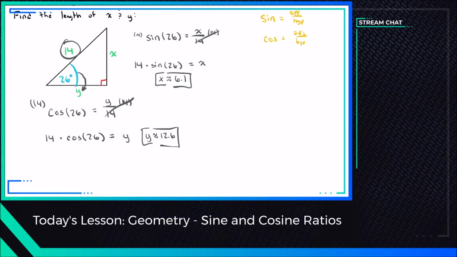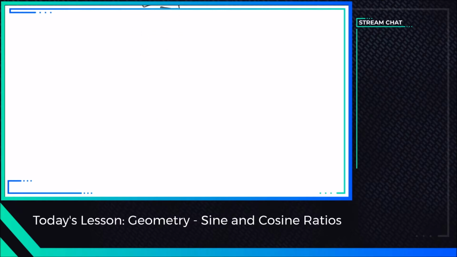Alright, so now we're going to dive a little bit deeper into some more common sine and cosine angles. So first, let's go ahead and find the sine of 45 degrees and the cosine of 45 degrees. So this would be like in a 45, 45, 90 right triangle, which I just drew here.